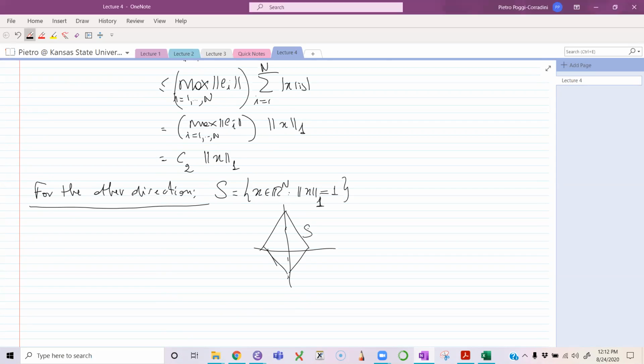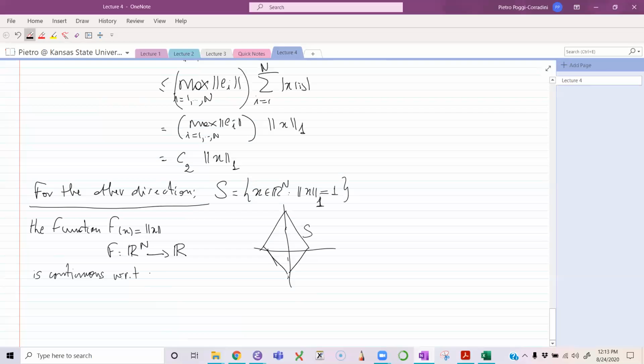But in any case, the function f of x equals the norm of x is a function from vectors in Rn to numbers. It's a multivariable function, but it's going to be continuous with respect to S equipped with the one norm.